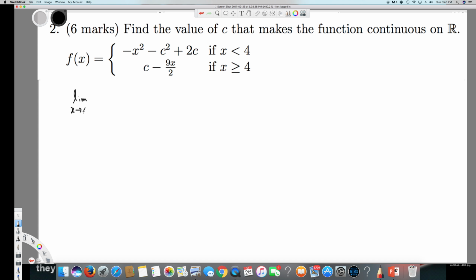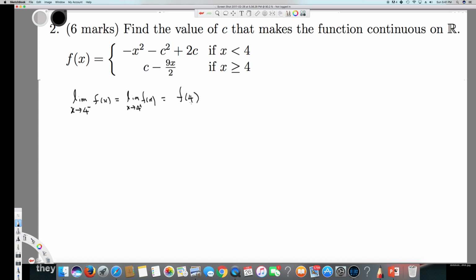When x approaches 4 from the left side, f of x should be equal to the limit as x approaches 4 from the right side, and also it should be equal to f of 4. These three values should be equal. I like to find everything separately.